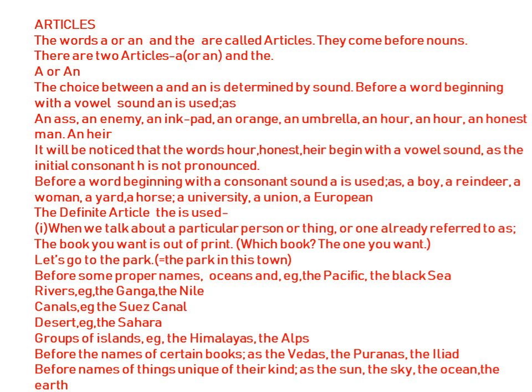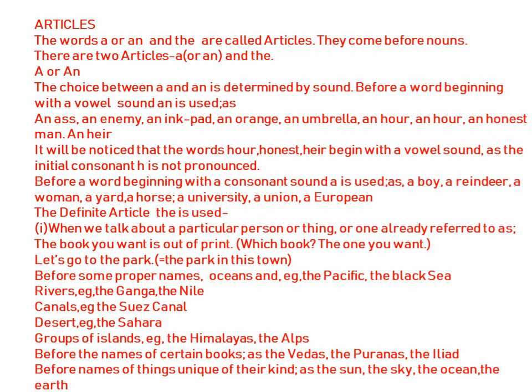Example: the Pacific, the Black Sea. Or before some names of rivers. Example: the Ganga, the Nile. Canals. Example: the Suez Canal. Desert. Example: the Sahara. Groups of islands. Example: the Himalayas, the Alps.